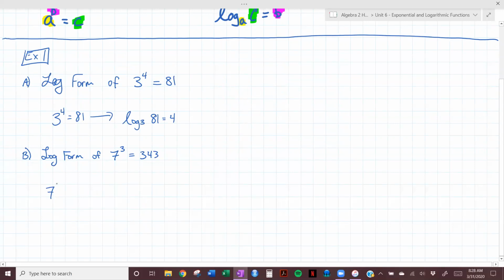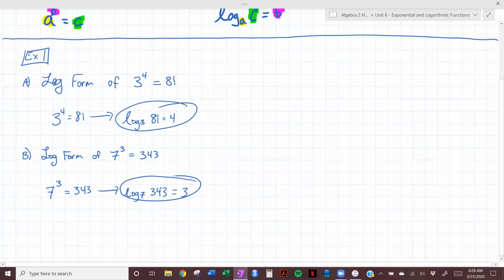We have our base, we have our exponent, we have our result. Let's switch it around. So it's log base 7 of 343 equals 3. Those would be your answers.